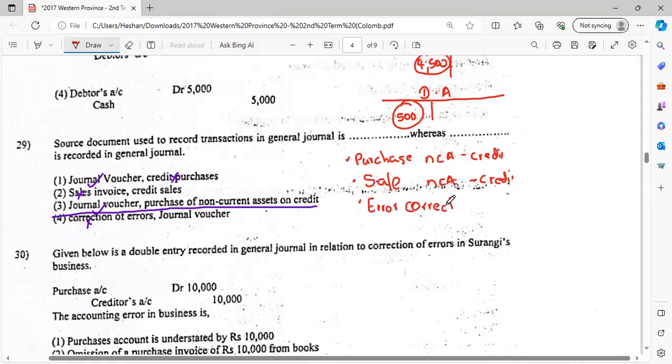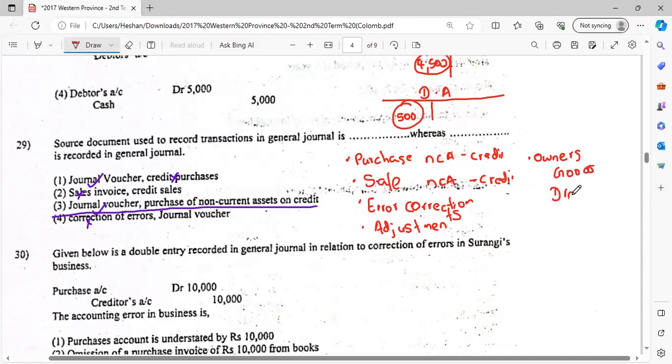Other than that, bad debts. So commonly we can name these as adjustments. Can you remember? There are 4 adjustments. Other than that, there's another one from grade 10: owner's goods drawings.